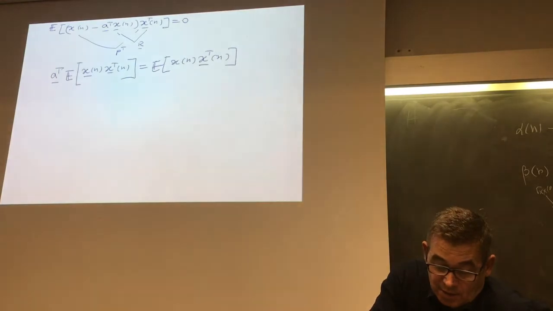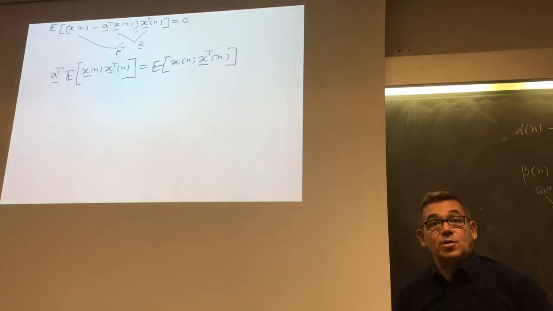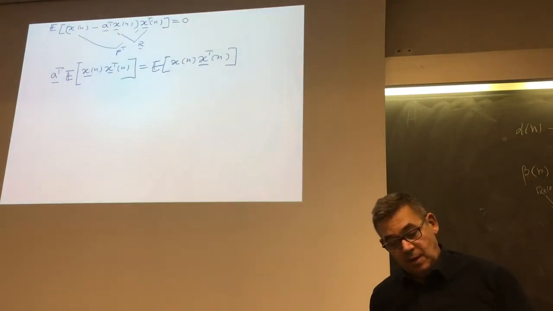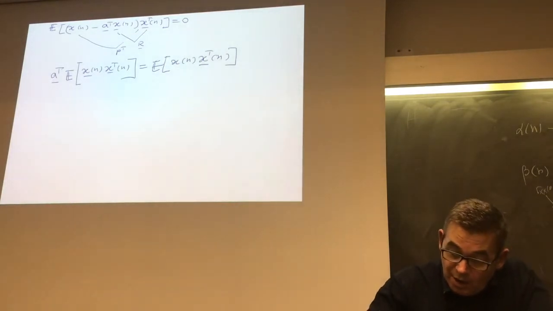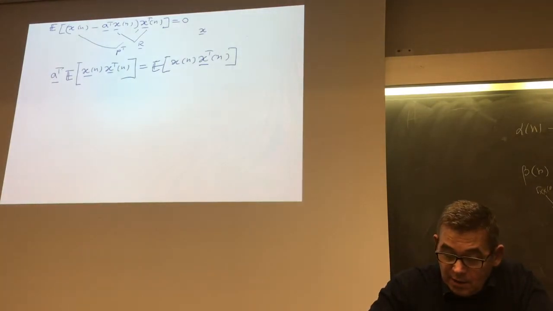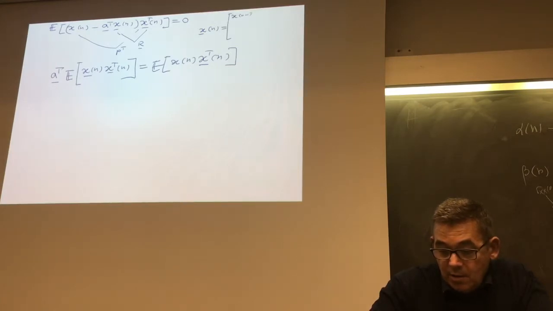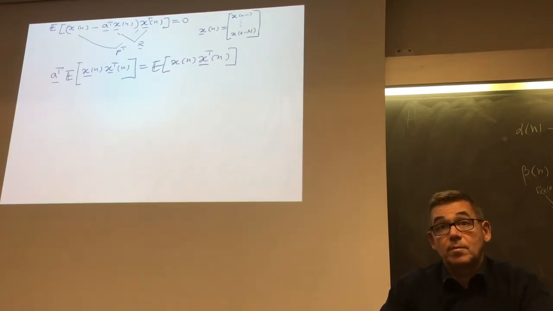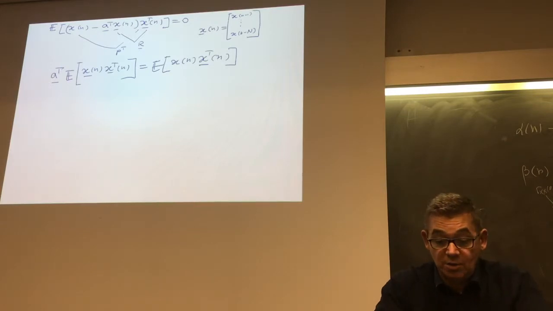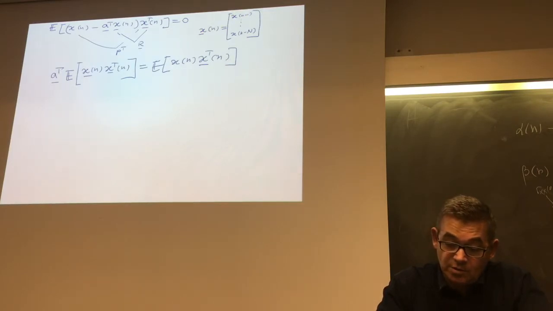Don't make a mistake. Underline means vector. Okay? Now, the underlined vector contains xn minus 1 up to xn minus capital N. This is the vector, this vector contains. No, this is for the unknown.